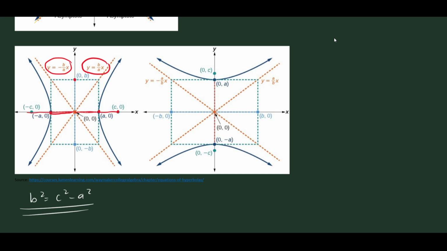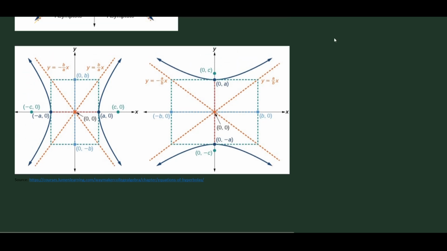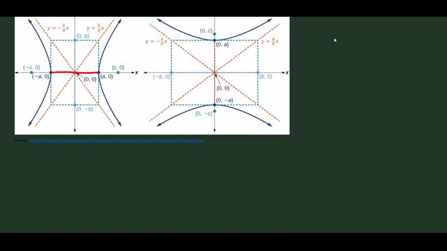Okay, and the same with the ellipse, the standard form can also vary depending on the location of the transverse axis. As you can see here on the illustration on the left, the transverse axis is on the x-axis, right? So if that's the case, our standard form is x squared over a squared minus y squared over b squared is equal to 1. It kind of looks like the formula for the ellipse, but as you can see here, this is minus and not plus.